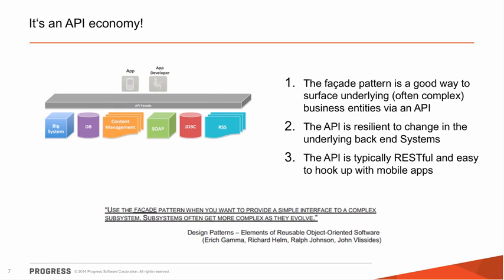The facade pattern exposes a simple interface to external clients, and the actual implementation will likely be a RESTful API. By delegating the complexity around mediation to the underlying systems of record, the facade API is resilient to change in those underlying systems of record.